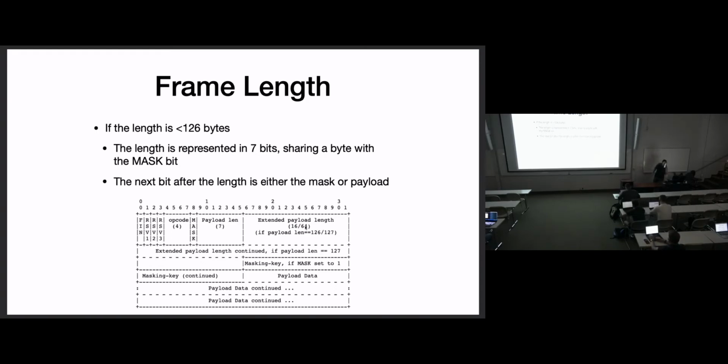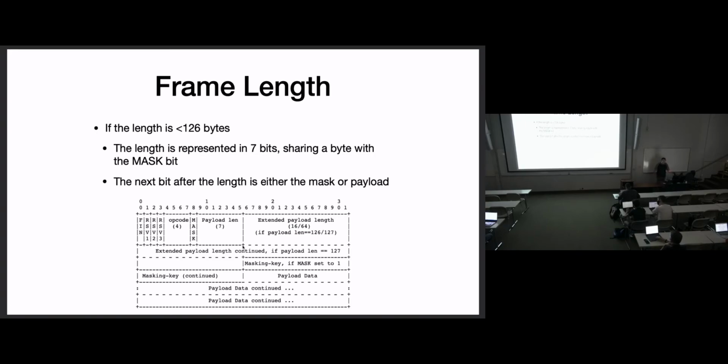All these other bytes don't exist, and you're going right to the masking key or the payload data if the mask bit is 0. So there's some flexibility in these bytes. These bytes don't always exist. If the payload length, this 7-bit payload length, is less than 126, that's the length of the payload. End of story. That's very limiting if that's the only thing the protocol does.